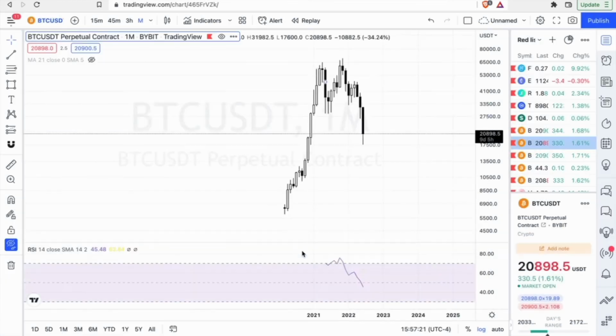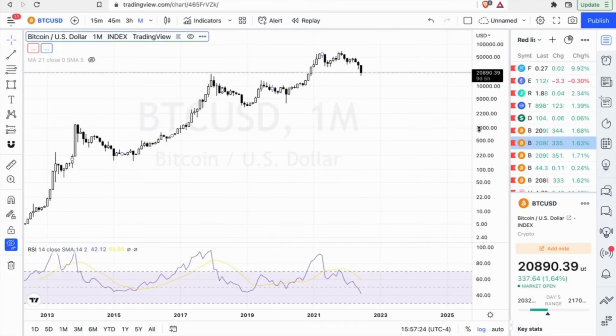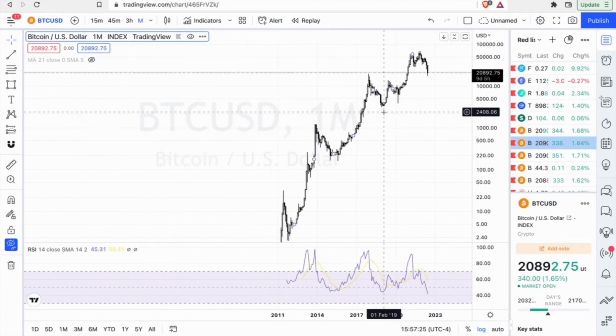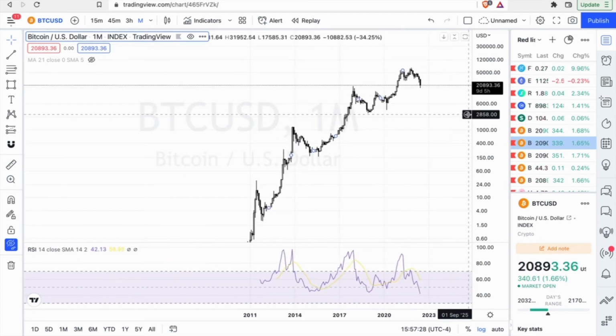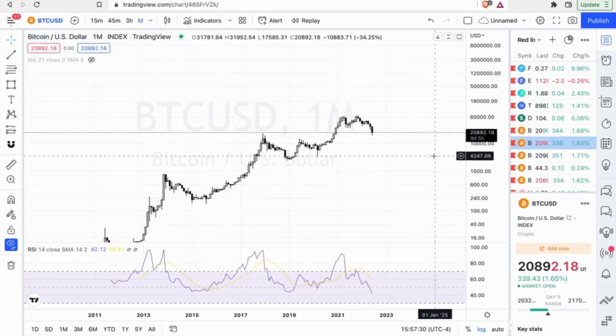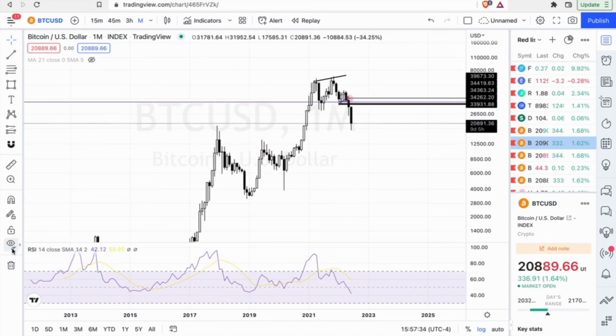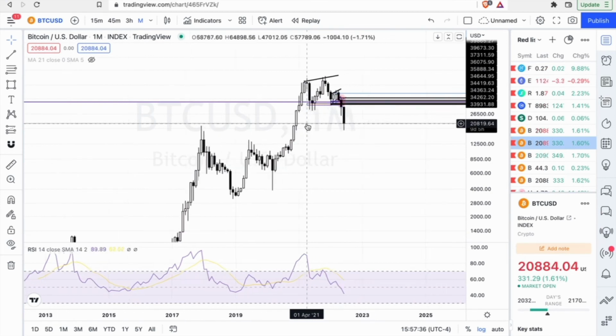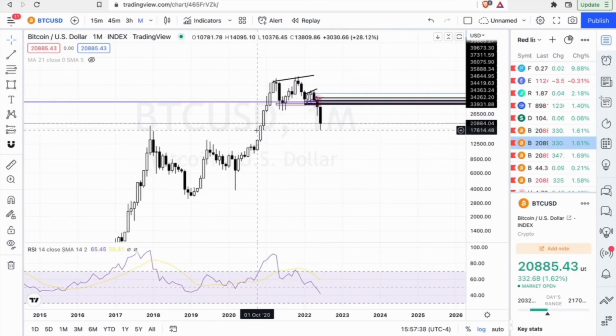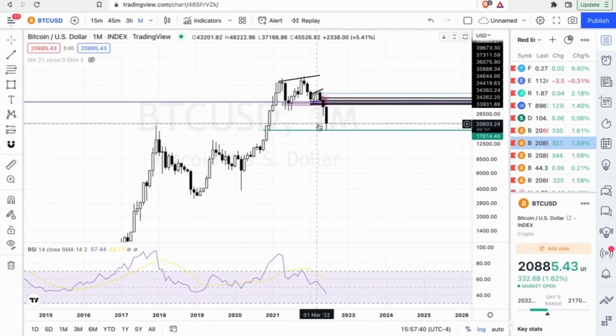Let's look at all of it. So this is the index. So we see all the bull markets. Let's see what we see here. So yeah, I'm definitely gonna put that line on. Beautiful. All you had to do is put that, that's the order block right there.